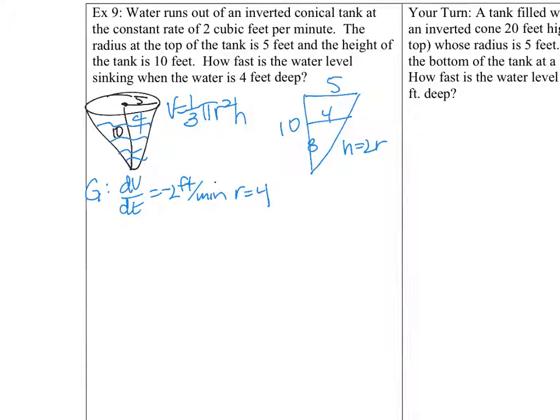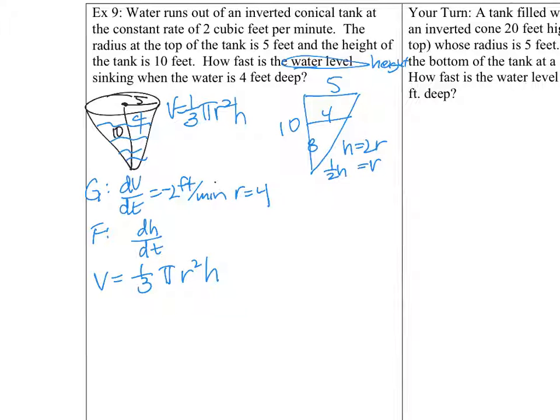Now, when the question says how fast is the water level, this is a height question, so I need h as my variable. So if I solve this for r, then I can replace all my r's with 1/2 h. I'm trying to find dh/dt. So the formula, volume equals 1/3 pi r squared h.